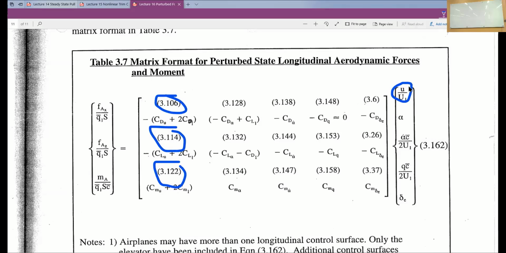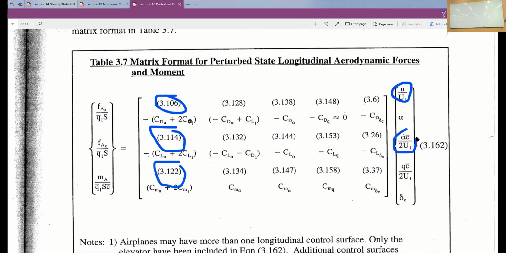So next, we need to do alpha. That one's going to be easy because alpha doesn't show up in Q bar. So that's nice. U did, and that's because we have U1 plus U in the dynamic pressure, whereas alpha comes from just W, which is squared, and it's small, so we knock it out anyway. And then a harder one is going to be alpha dot.